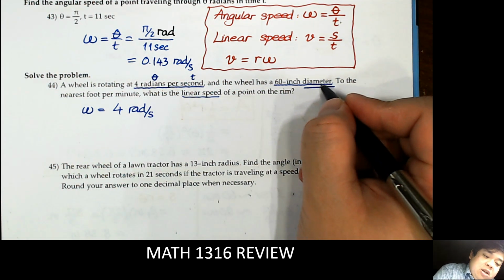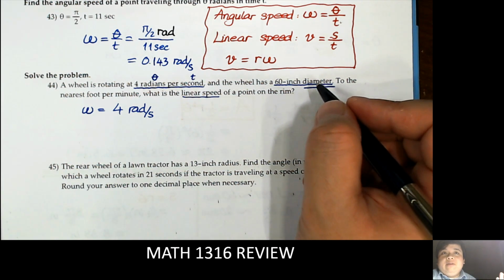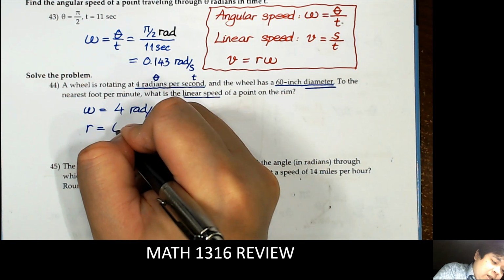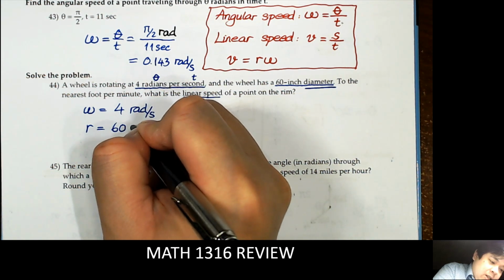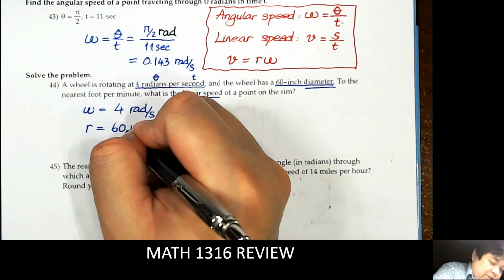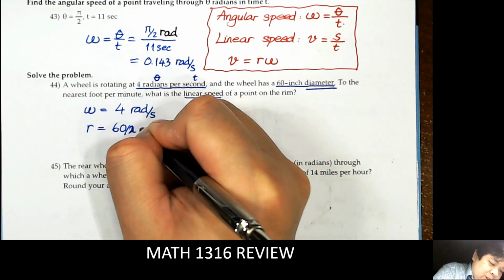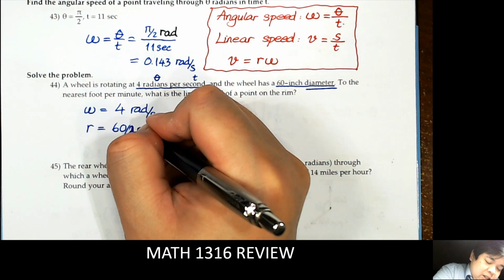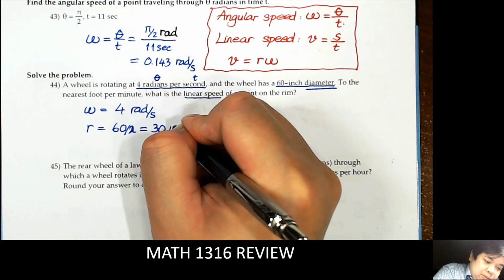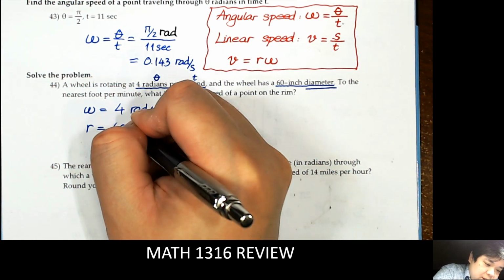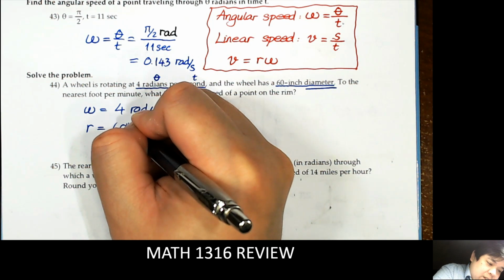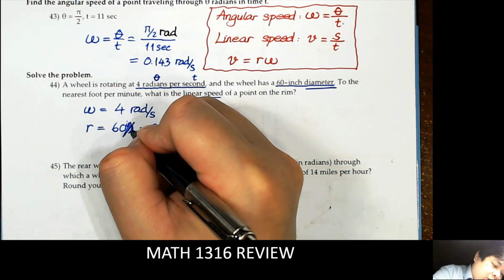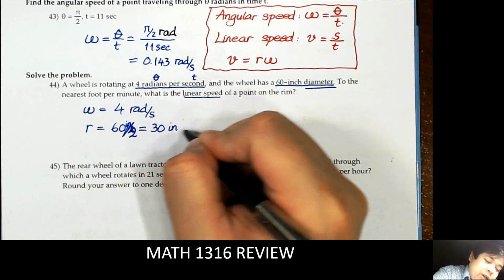And the diameter is 60 inches. Cut that in half. We have the radius, 60 inches divided by 2, which is 30 inches.